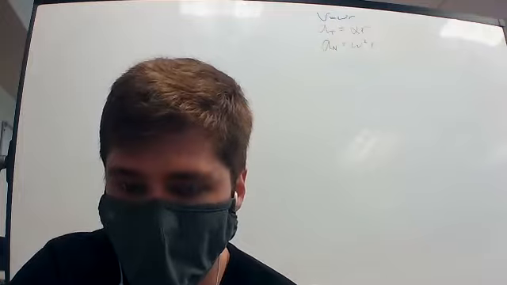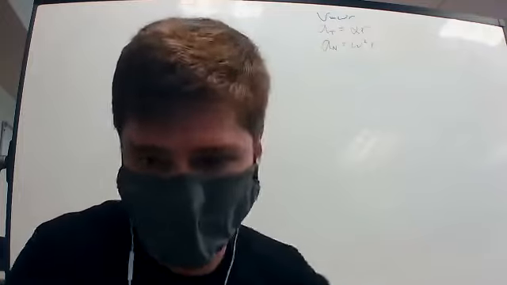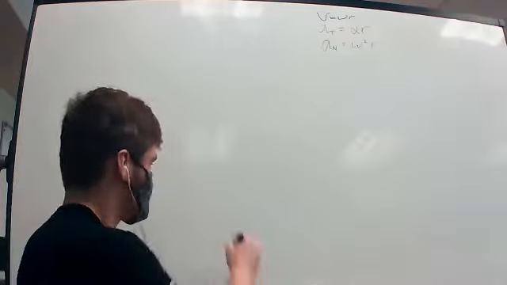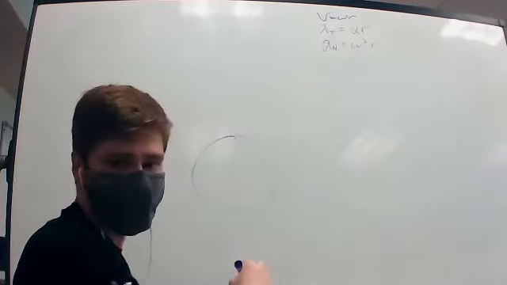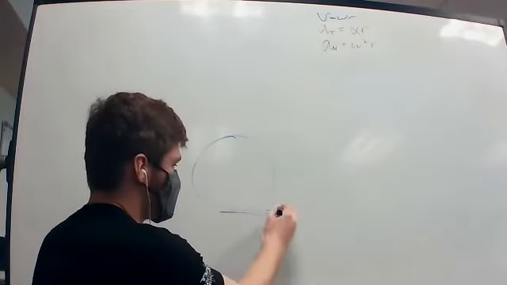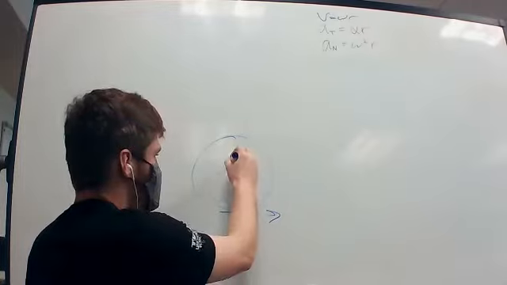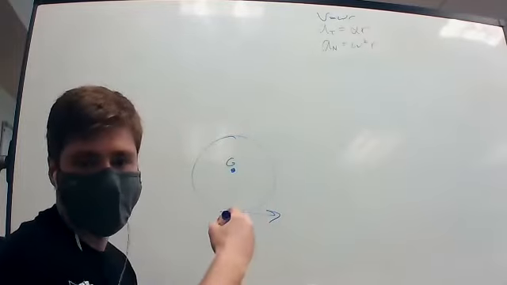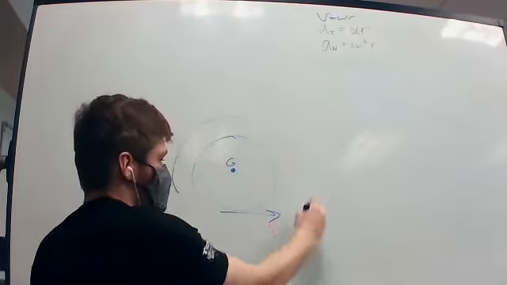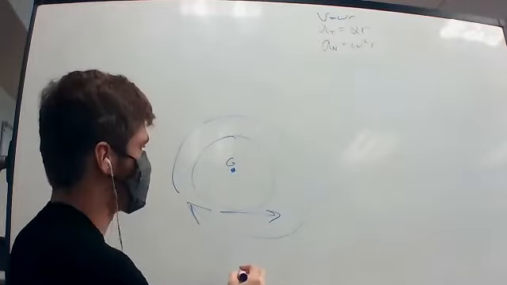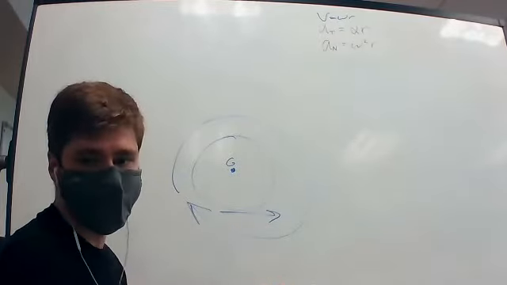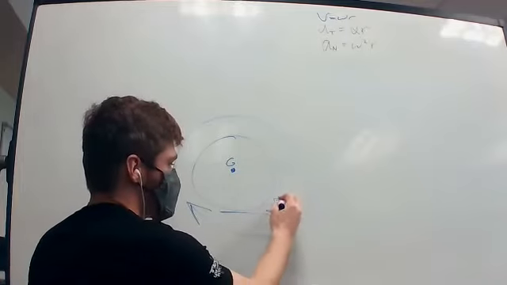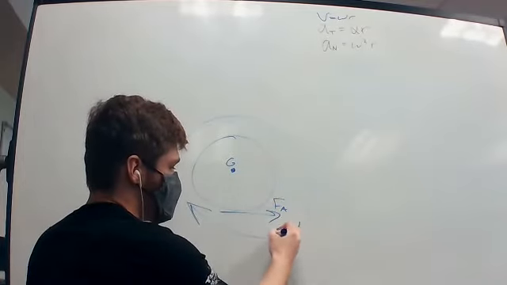Here, I can draw it to make it a little more clear. So this is your wheel, and FA is going like this, and here's G, and they're saying clockwise around G. So when you do your equation, this FA force moves against the moment.